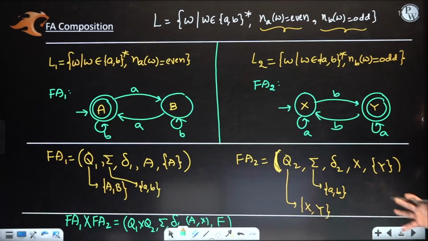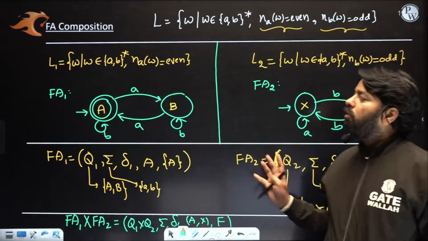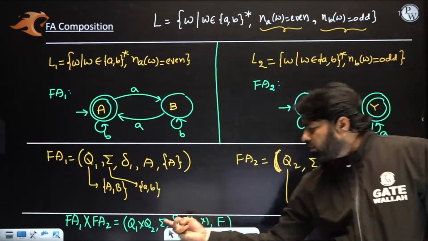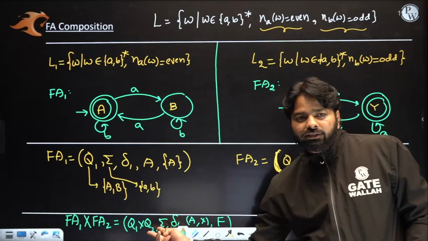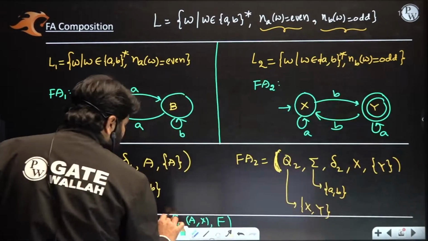Now using this concept, first you need to do Q1 cross Q2. That means you need to get the 4 states in the composition. Here there are 2 states each, so you will have 4 states. Q1 cross Q2, what is Q1 cross Q2 here?